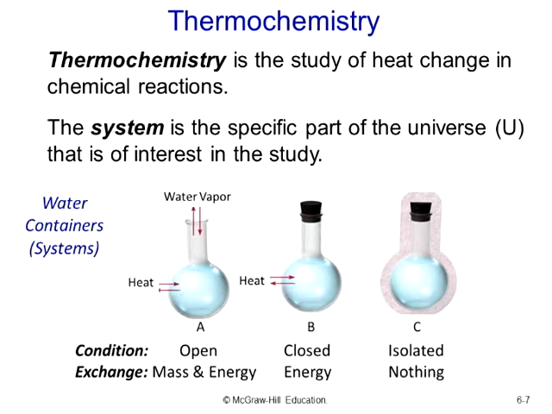The other would be closed, and the other would be an isolated system. Each of them would yield a different result. So for these 3 systems, we should expect 3 different results with regards to its energy. For example, under the condition of A, we have water within the system. We can have heat transfer across the container walls.